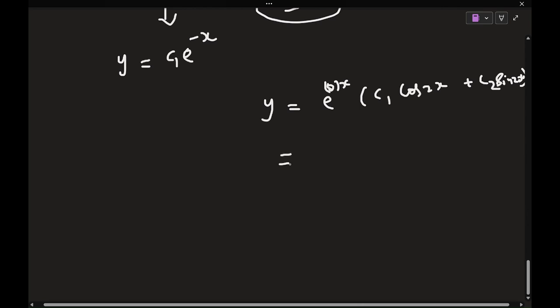Now e power 0 is 1, so this becomes c1 cos 2x plus c2 sin 2x.